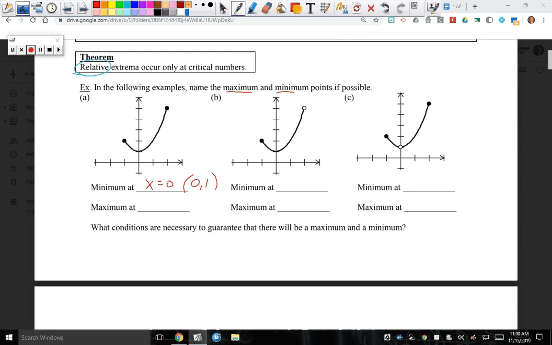What is the minimum? Y equals 1. Okay? The maximum occurs where? X equals 2. So the point is 2, 5. What is the maximum? Y equals 5. Where is the maximum? X equals 2. All those subtleties, important details.